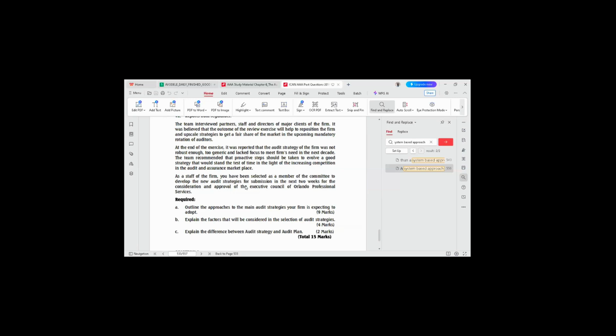You need to have looked at it wholly, because what they are saying here is that the audit firm, Orlando Professional Services, their audit strategy is not robust enough. And by this, it has a negative effect on their marketability. So what do they need to do? And that is what is being asked here in this question.